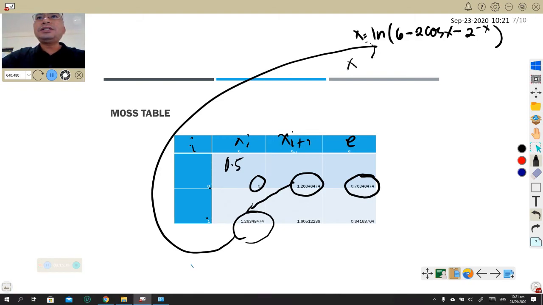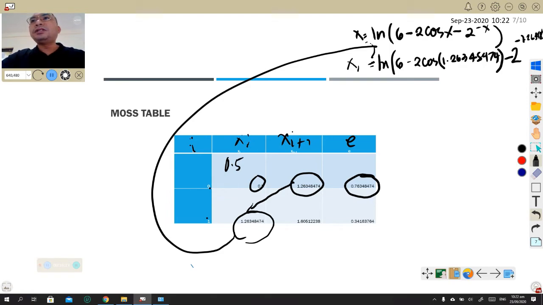In x sub 1, or in iteration 1, x will be equal to ln of 6 minus 2 cosine of 1.2634847 minus 2 raised to negative 1.2634847, and so on. That will give you 1.60512238.